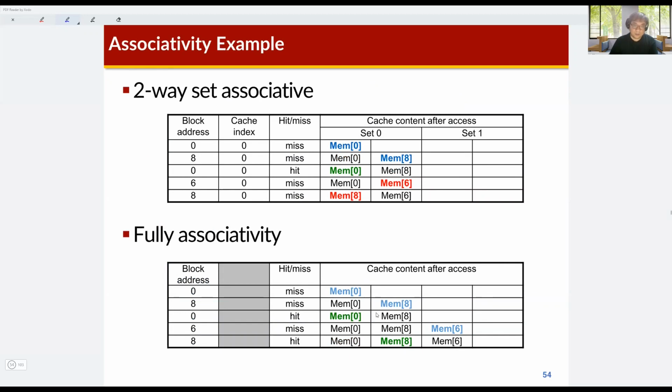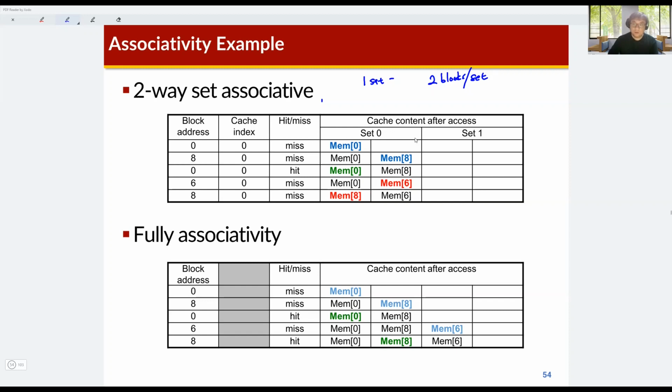How about the two-way set associative cache? With this cache, one set includes 2 blocks, so 2 blocks per set, and there are a total of 4 entries.